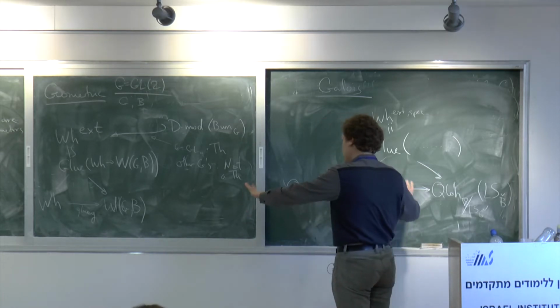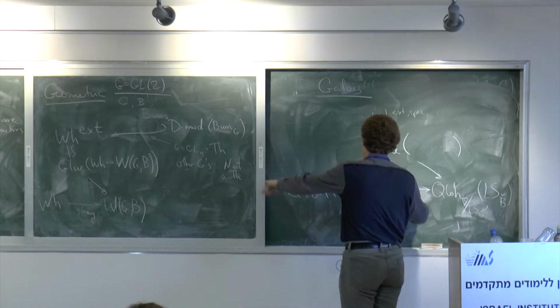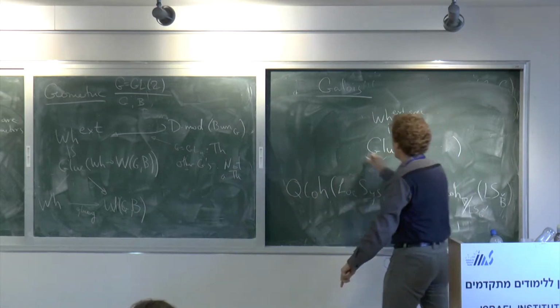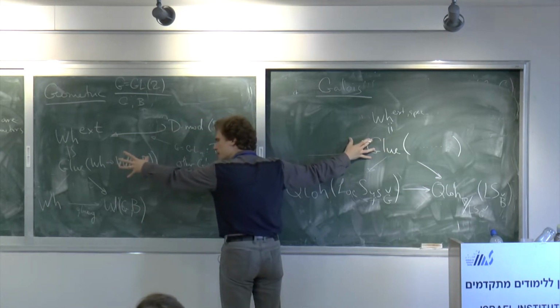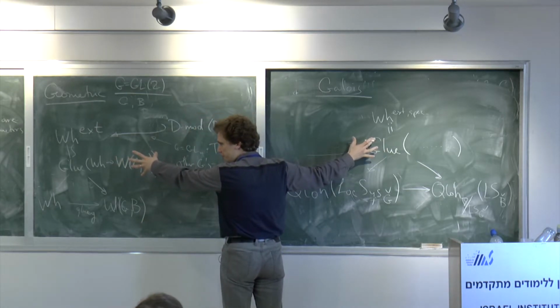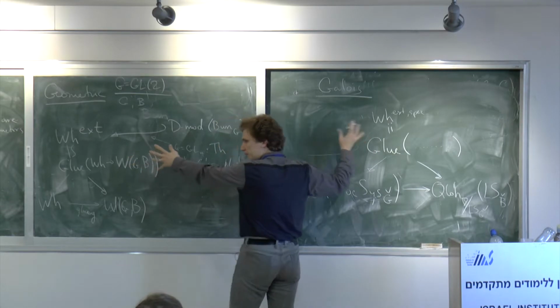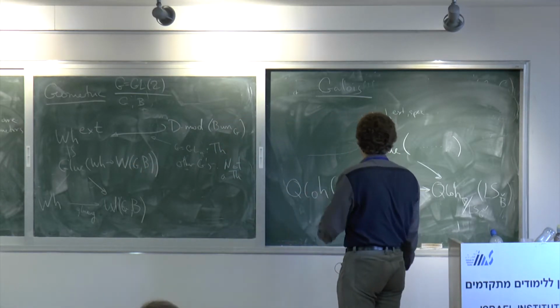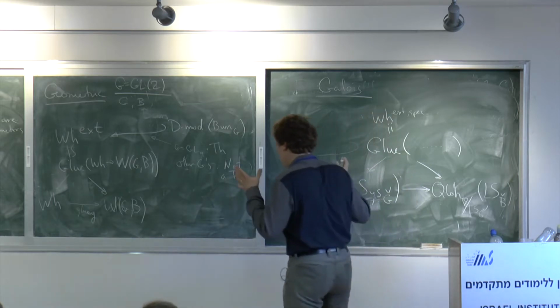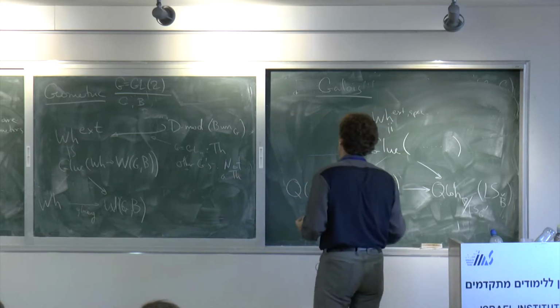So if these embeddings are compatible with the gluing functor, then we get a corresponding embedding between the glued categories. This is one thing, and this is one somehow non-formal part of my talk.